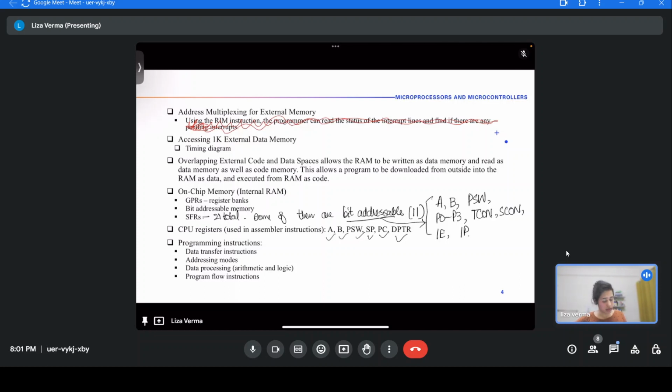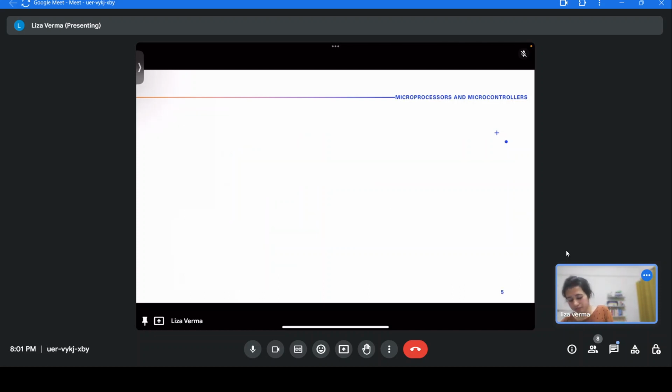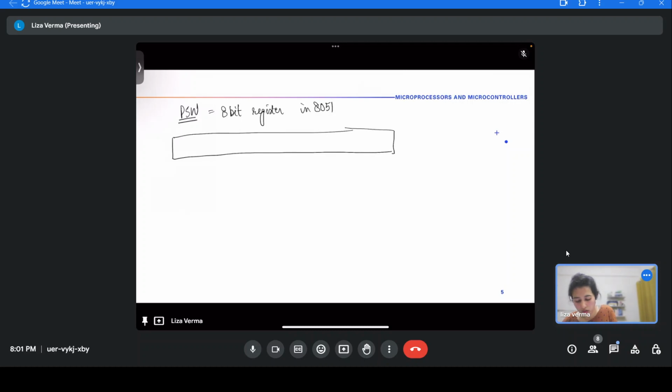So one thing, this PSW register, since you all were confused, we can discuss. PSW is an 8-bit register in 8051 as opposed to 16-bit in 8085, and the structure is given as just the flag register, right?